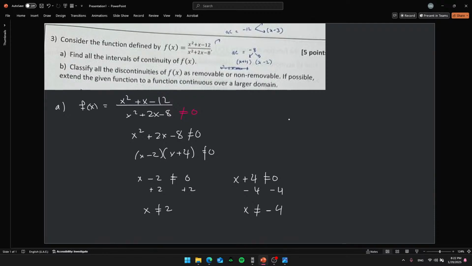So the intervals of continuity of f of x would be all real numbers except negative 4 and 2. I will write it in interval notation: negative infinity to negative 4, union negative 4 to 2, union 2 to infinity.